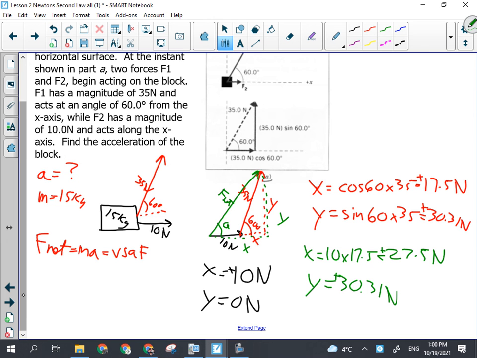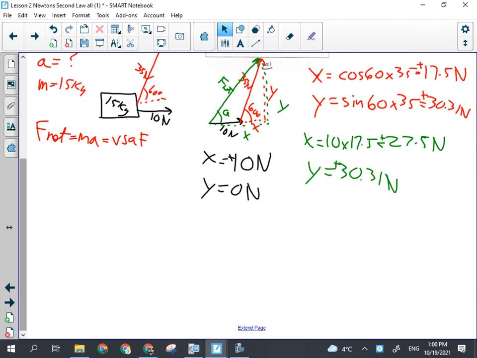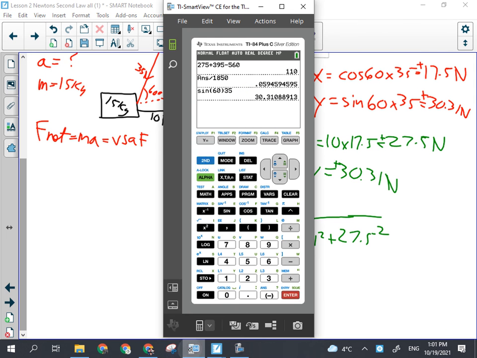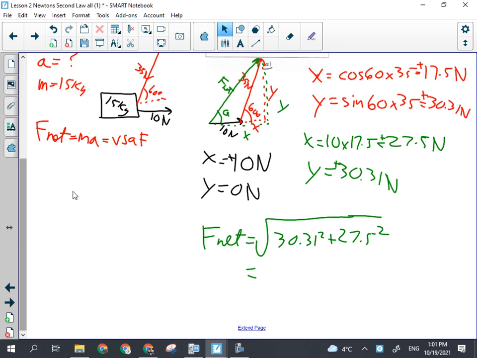So now I need to calculate what my net force is. Its magnitude will be the Pythagorean theorem, 30.31 squared plus 27.5 squared. Okay, so 40.93. And I'm going to need a direction as well.